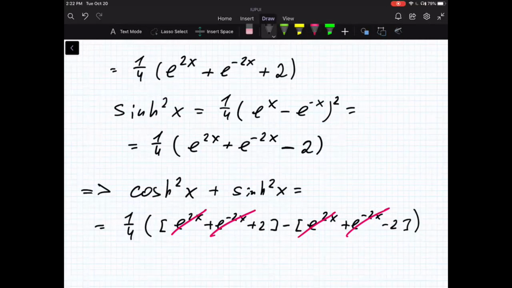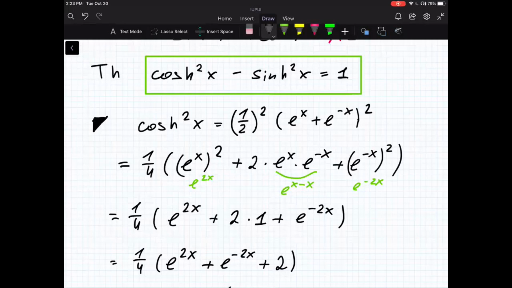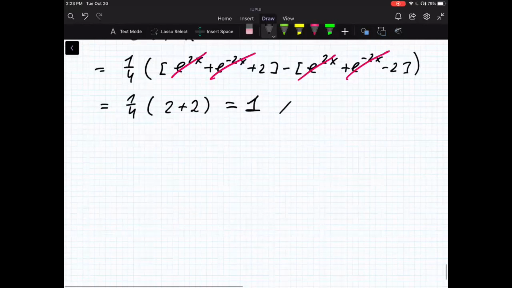And what is left? It's 1/4. And you have 2 minus minus 2, so it's plus 2. And that gives you 1. Sorry, I should start with minus here. Okay, and this is one important property.